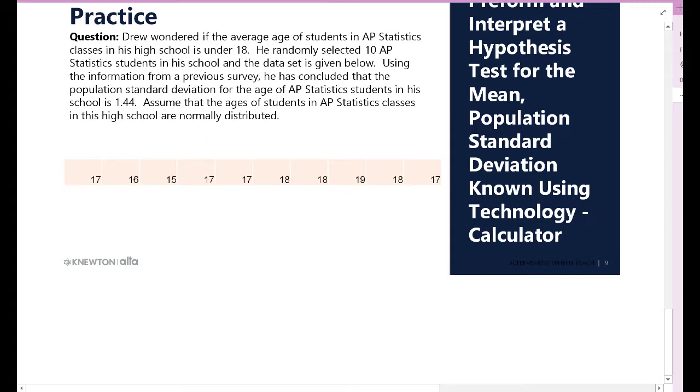So we know the population standard deviation. We need to do a z-test. Assume the ages of students in this class are normally distributed. Okay? We need that normal distribution because our sample size is smaller than 30. Remember the conditions for hypothesis testing. Okay, I left this part out, sorry, but let's go ahead and assume alpha is 0.05, and let's perform a hypothesis test for this scenario.